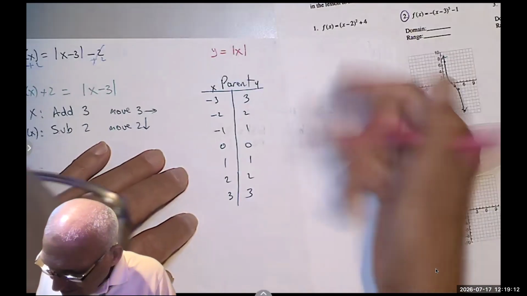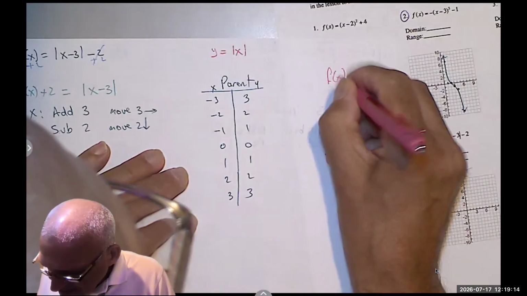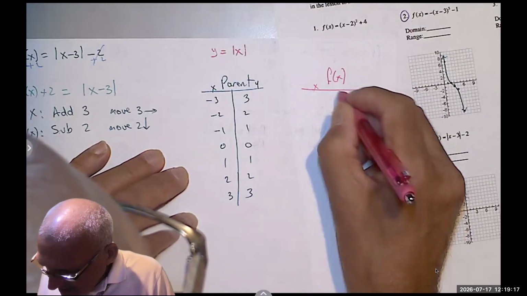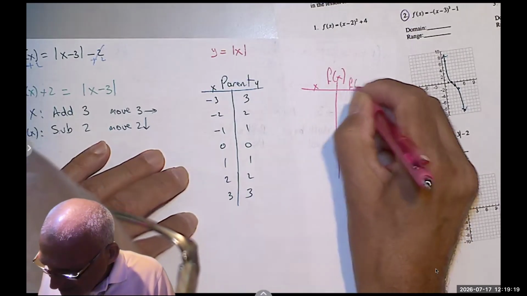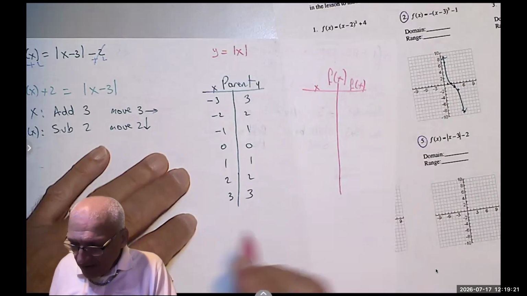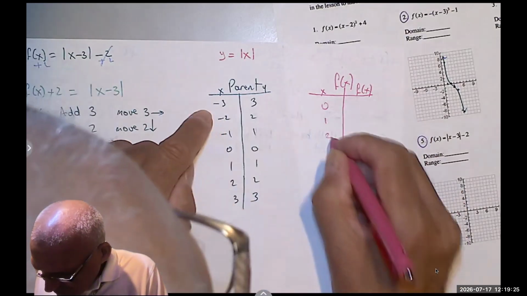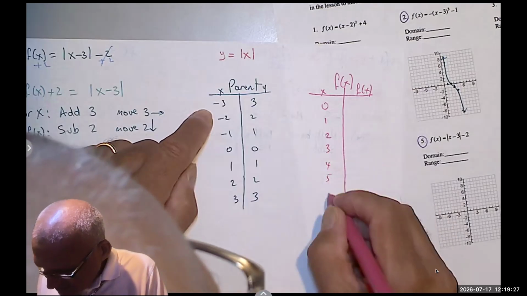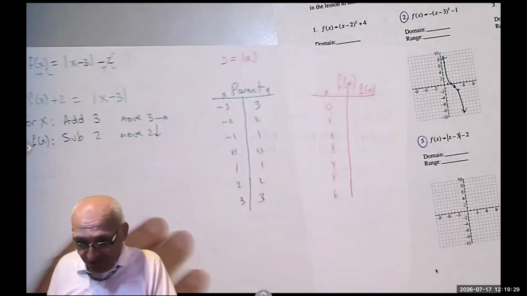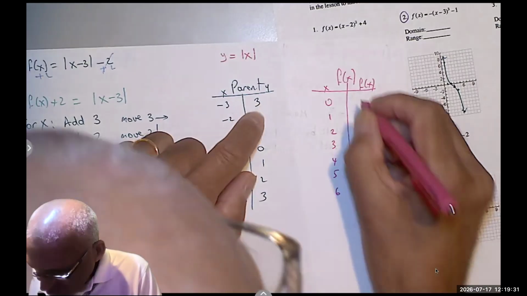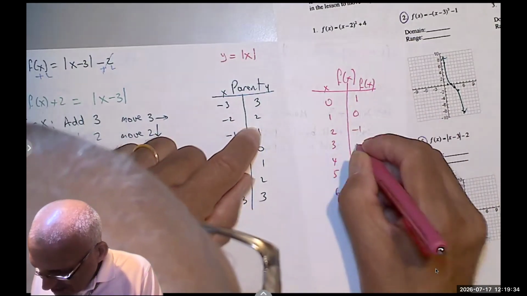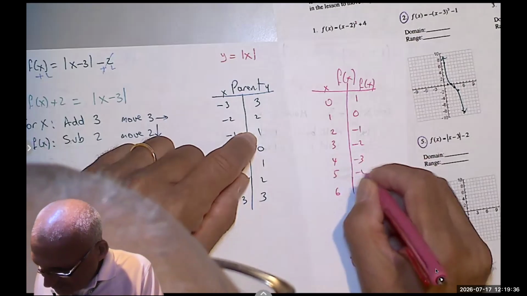Now, how about my function f of x? Here is the x, and here is f of x. For the x, I added 3. So it's 0, 1, 2, 3, 4, 5, 6. For the y, I just subtract 2. So 1, 0, -1, -2, -3, -4, -5.